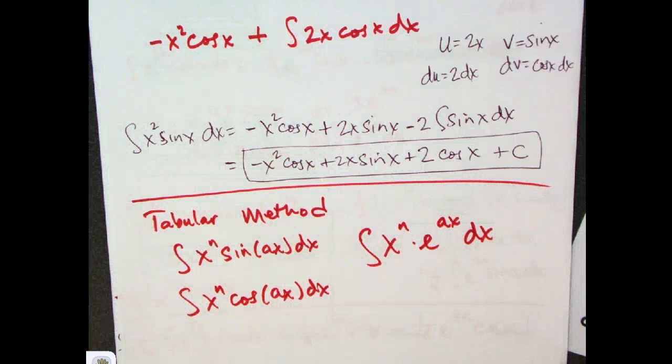And in each of these cases, you're going to let u equal x to the n. So the way it works, and we'll go ahead and take a look at this last example we did.